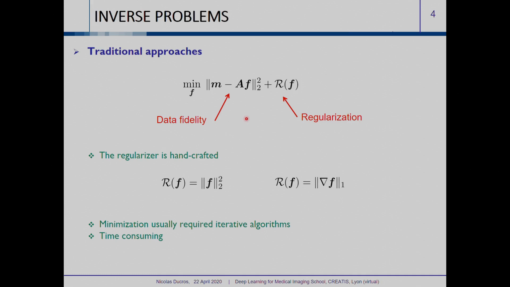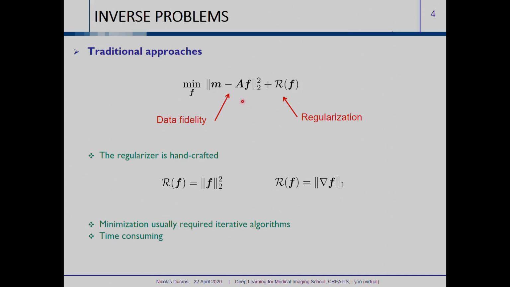One way to do that is to minimize the difference between M and AF, AF being the measurements that are predicted for a particular image f. And if you minimize the difference between the two, then you will promote images that are hopefully close to the solution you are looking for.